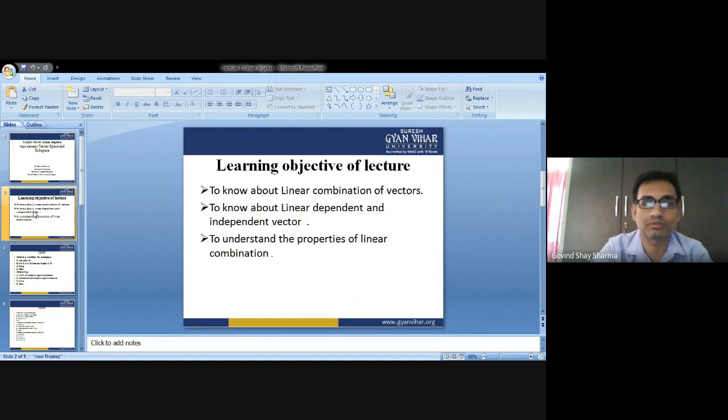The objective of this lecture is for students to know about the linear combination of vectors, linearly dependent and independent vectors, and to understand the properties of linear combination. So we will continue with the linear combination, and first we will try to understand the linear sum of vector spaces and subspaces. So let's move to the lecture.